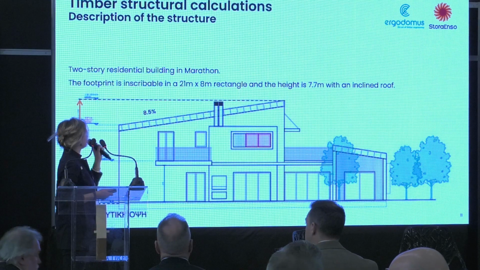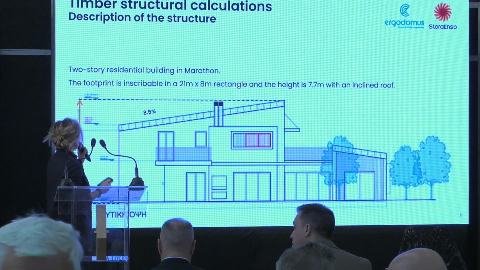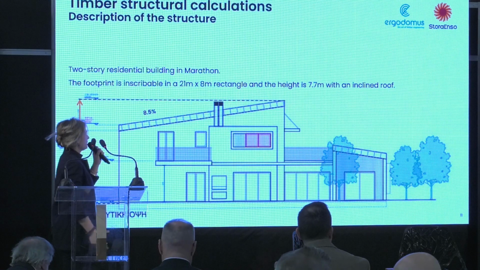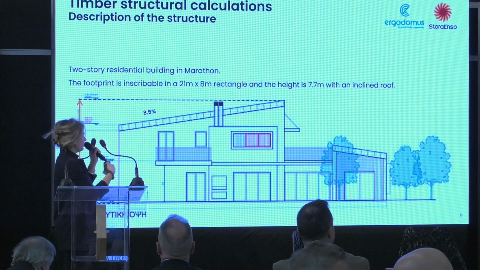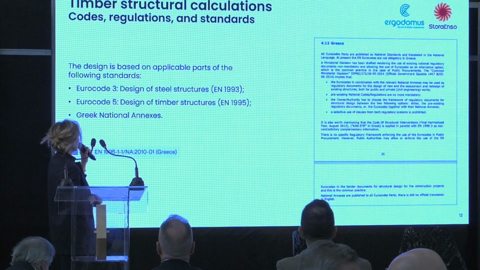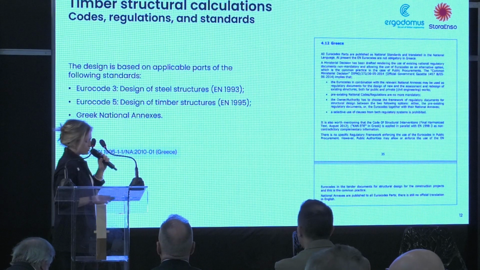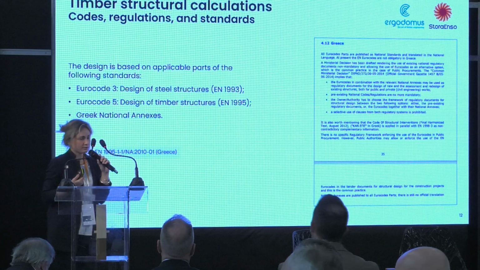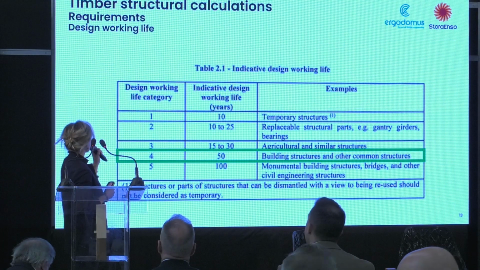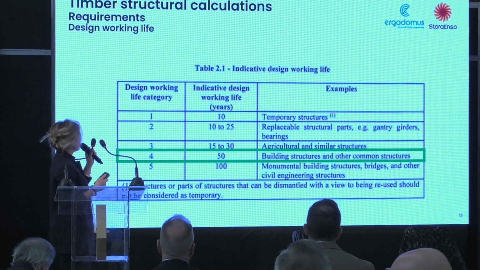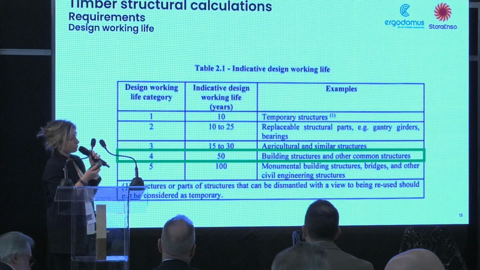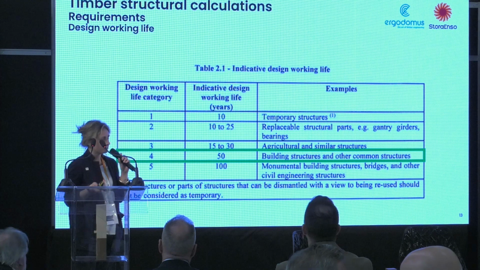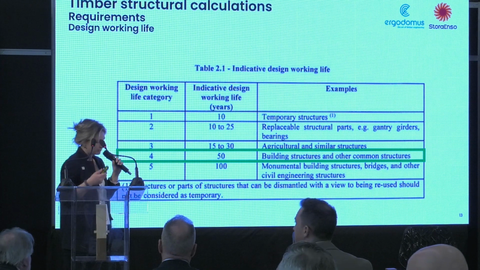Coming back to Marathon House, we are talking about a 2-story residential building with a sloped, inclined roof. All the calculation has been done based on the Greek annex of the Eurocode. It means that in the Eurocode, the structural engineer identified all the safety factors and all the structural factors.